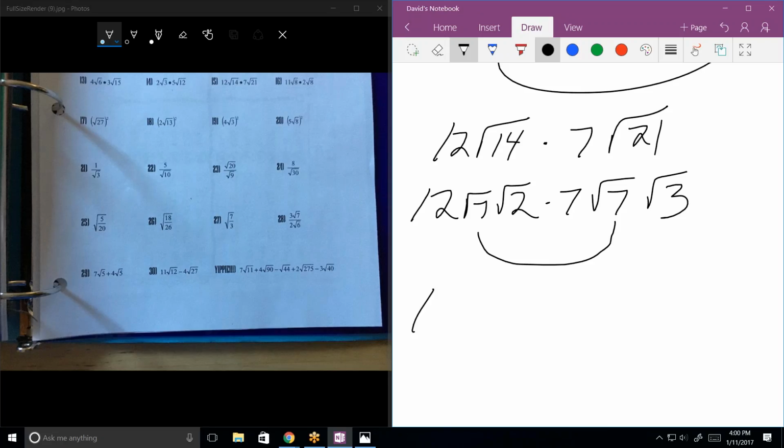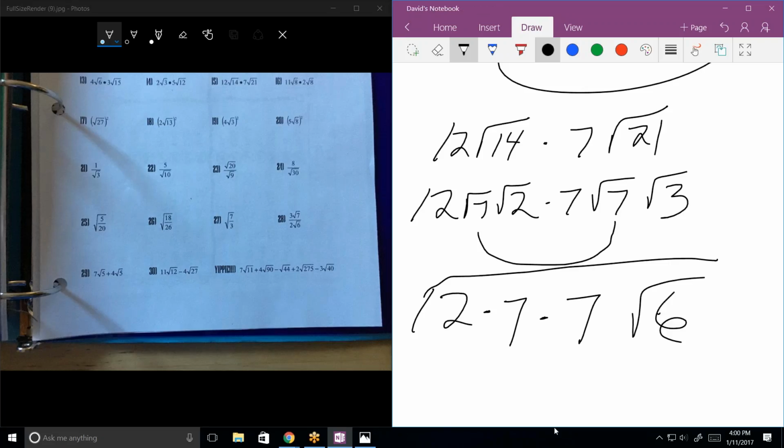So I end up with 12 times 7 times another 7 times root 6. And that ends up much easier because I still have to go to my calculator to do 12 times 7 times 7, but it's certainly easier to multiply in a calculator than it is to try to find factors.